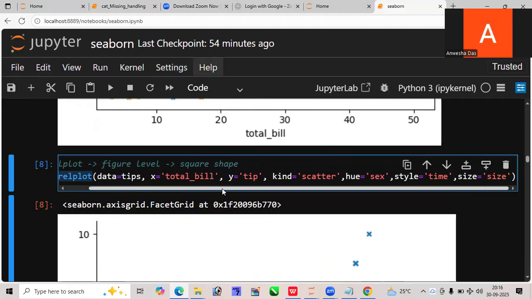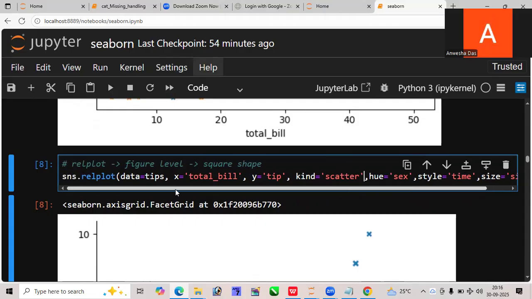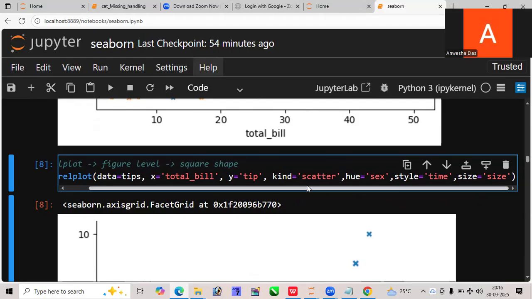After that, in kind, I can mention what kind of chart I want. So sns.relplot, then I mention kind equal to scatter. If I want a line, I can mention kind equal to line as well.